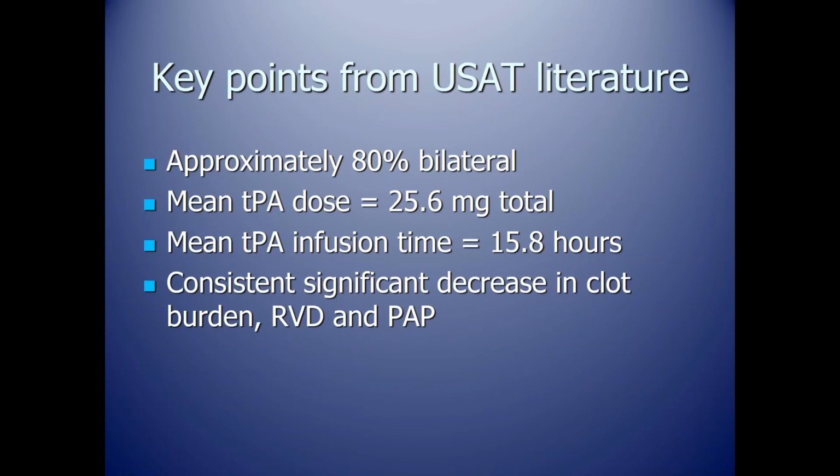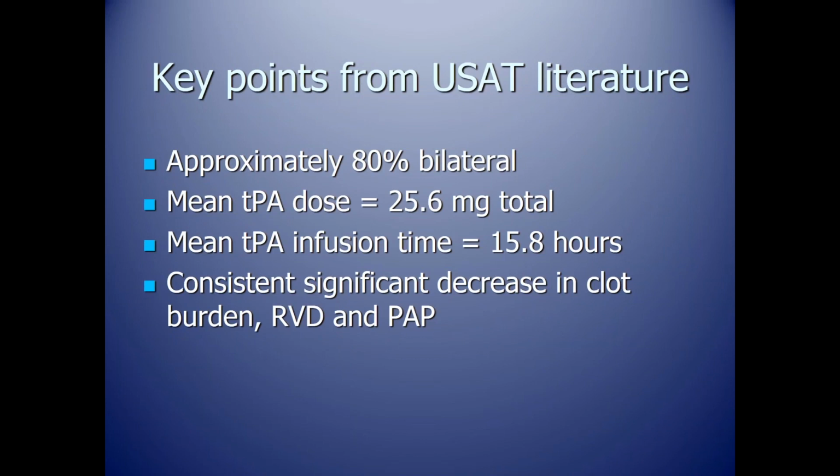So this is kind of the summary slide. If you're going to take all of that literature, and again, this is more a case-based talk, but basically we see that about 80% of these patients are bilateral. About 25 milligrams of TPA is the dose that's been seen to be effective in all those trials.